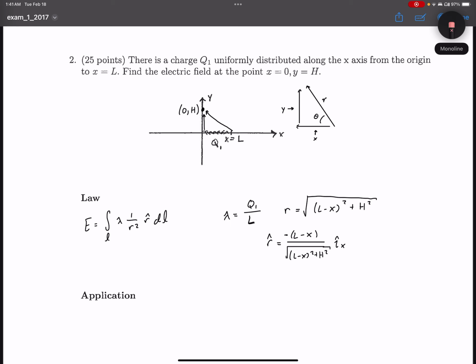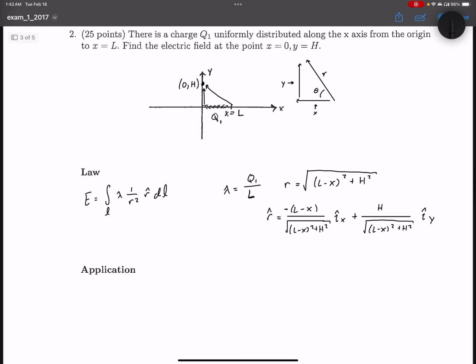It's in the negative x direction. It's pointing away from x equals, well, L. So then we would have h over the same thing, j hat y. Okay, cool.